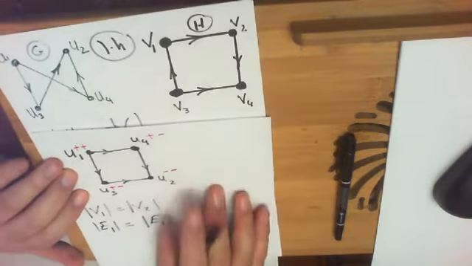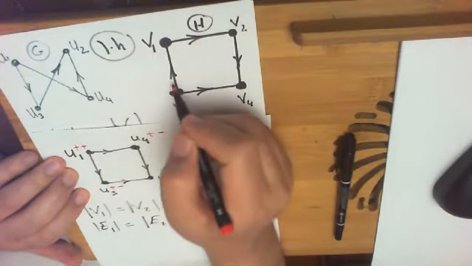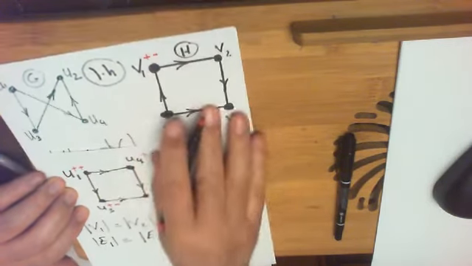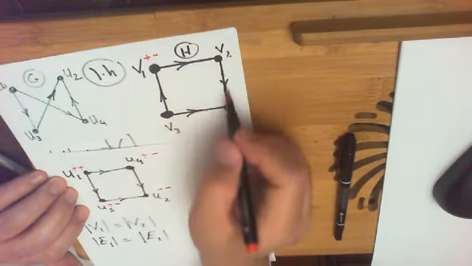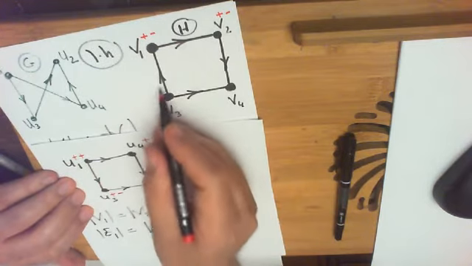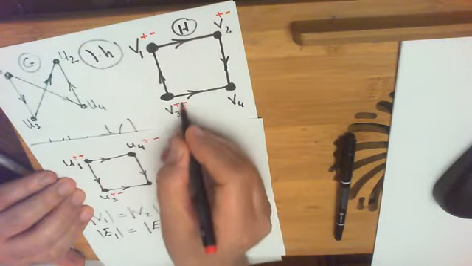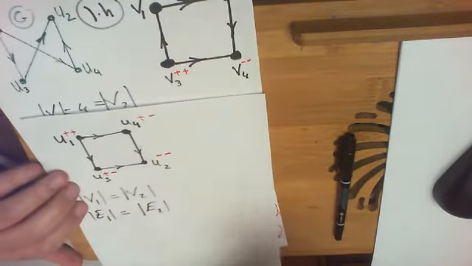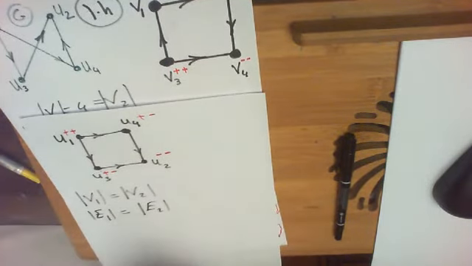Now for V. V1, 1 in, 1 out, plus minus. V2, 1 in, 1 out, plus minus. V3, out, out, plus plus. V4, in, in, minus minus. Oh, the same. How?